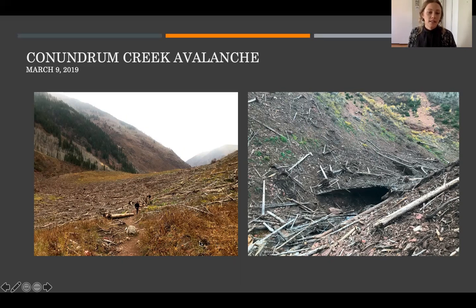Also, this debris field is right along the trail to Conundrum Hot Springs. So this right here is actually the Conundrum Hot Springs Trail. And after the avalanche, trail crews had come through to clear the way so that the trail could still be walkable. But they essentially cut a cross section in the avalanche path.